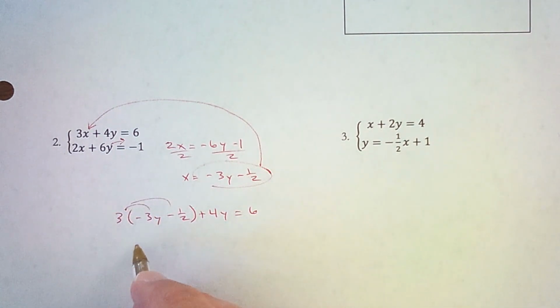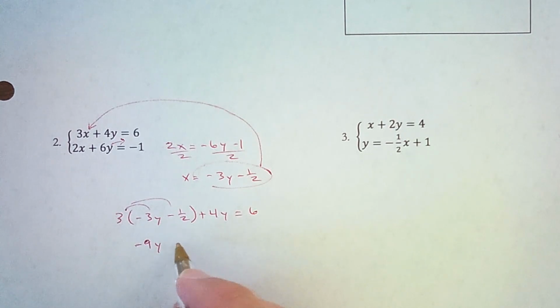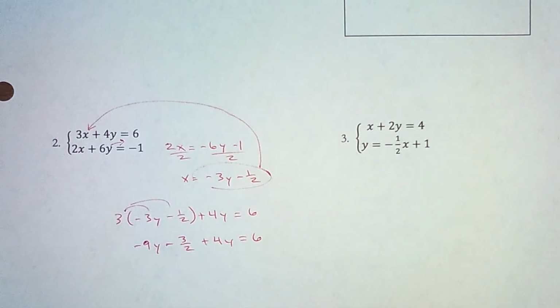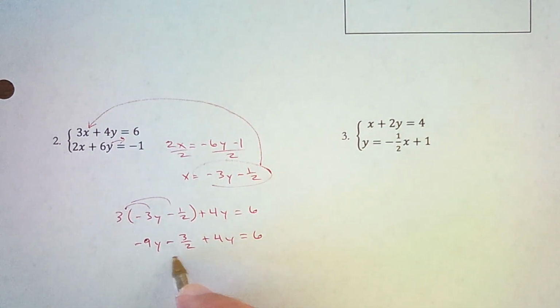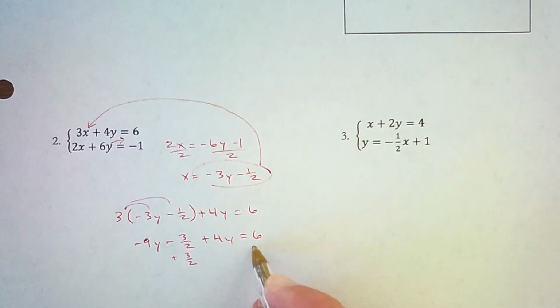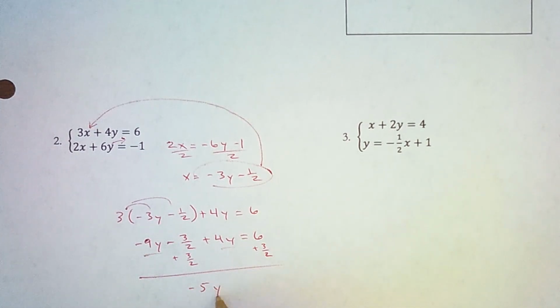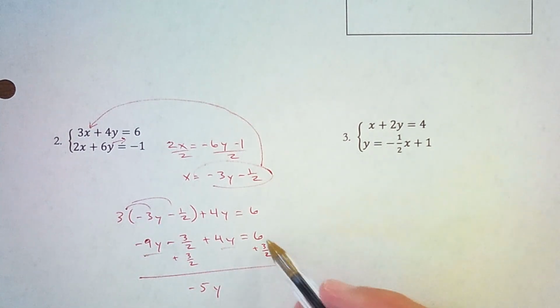Okay, now I'll distribute negative 9y, and then 3 times negative 1/2 is negative 3/2 plus 4y equals 6. Okay, so we'll add this 3/2 to both sides and combine our like terms. Negative 9y plus 4y is negative 5y. And then 6 plus 3/2.